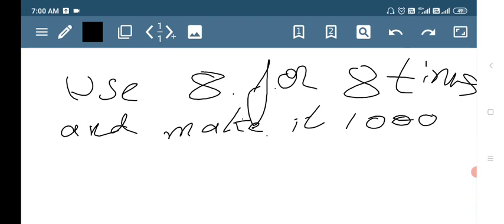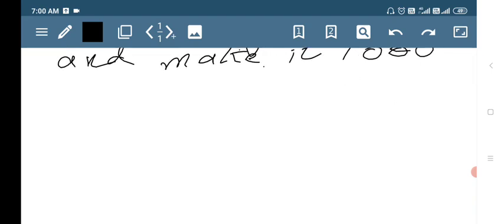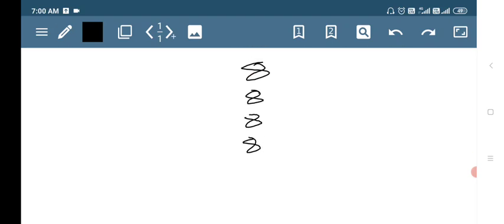So the solution here is using 8 for the 8 times. 8 plus 8, how much? 16, right? Plus 8, 24, plus 8, 32, plus 8, 40, 0 carry 4.